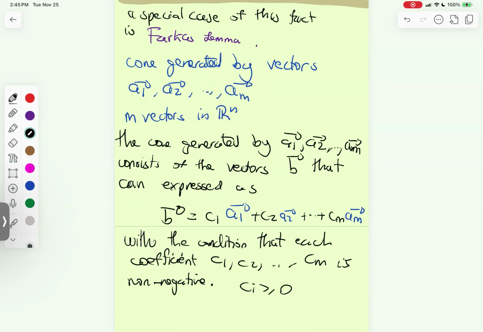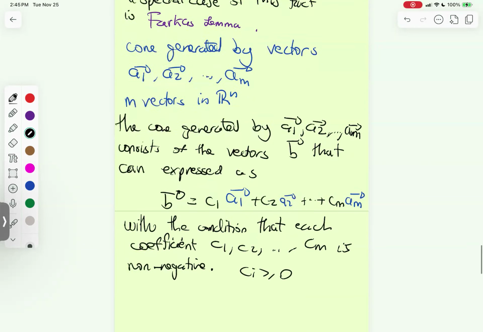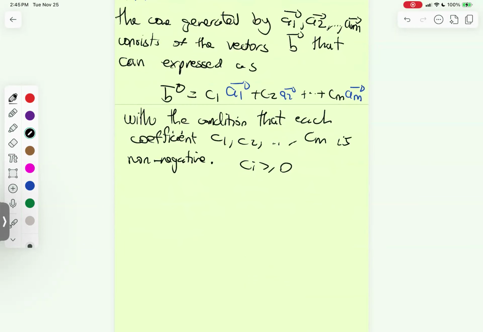I'm just going to show you a picture of what this looks like. Here's an example, just to do something in R2 where I can draw it.